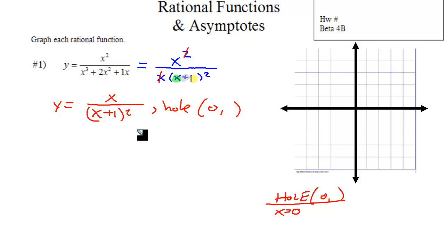Take what's left of your equation and replace the x's with 0, and that will tell you what the y coordinate is of your hole. Well, looks like it's going to be 0 because we get 0 over 1 squared. So there's a hole at 0, 0.